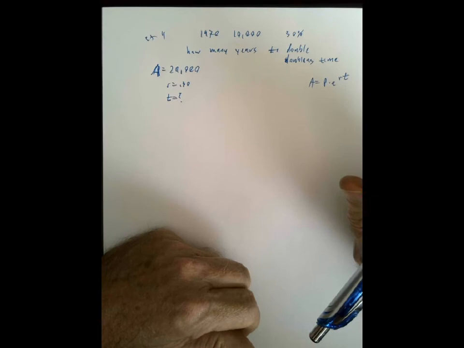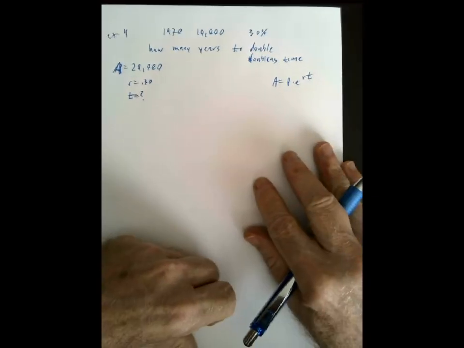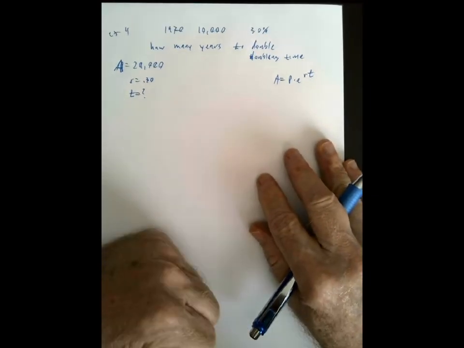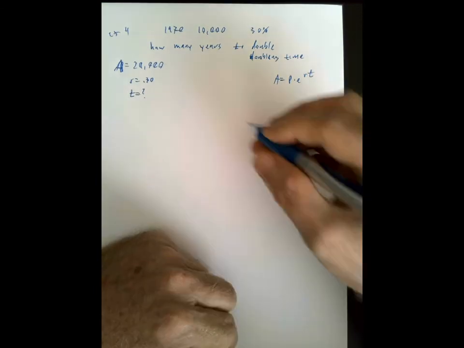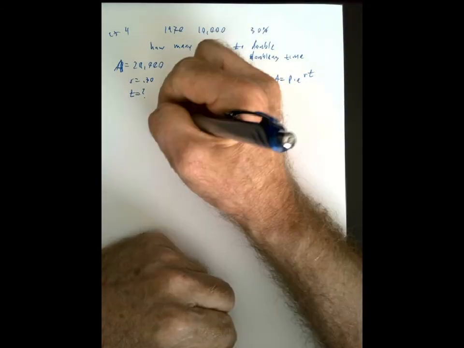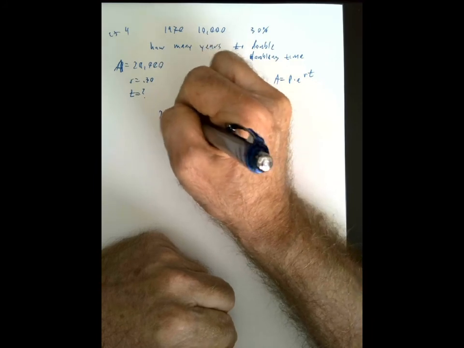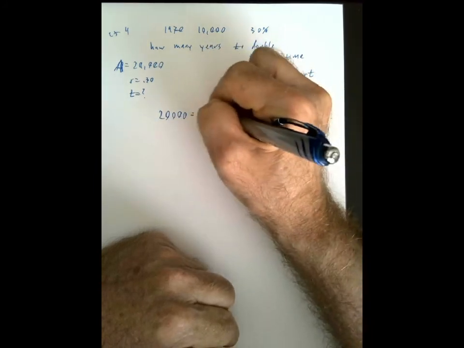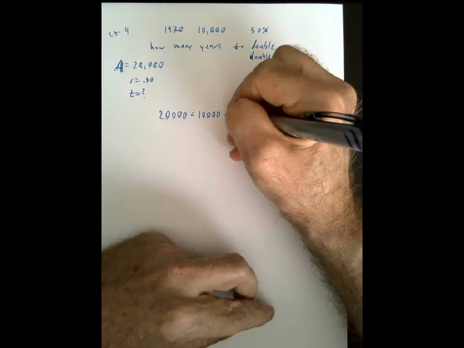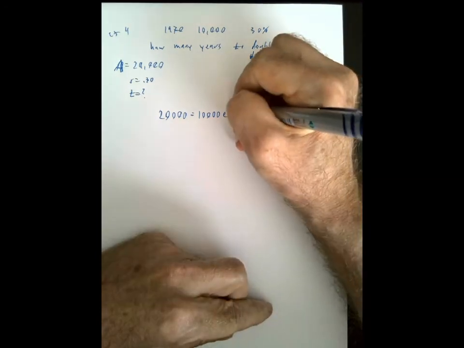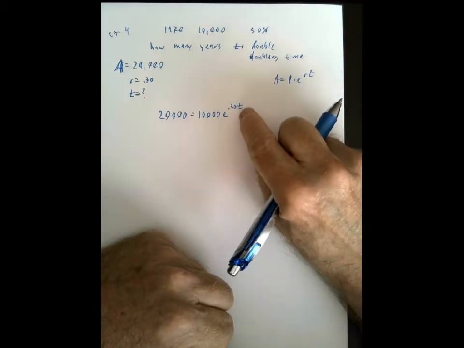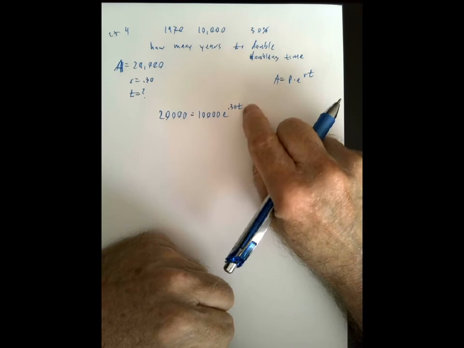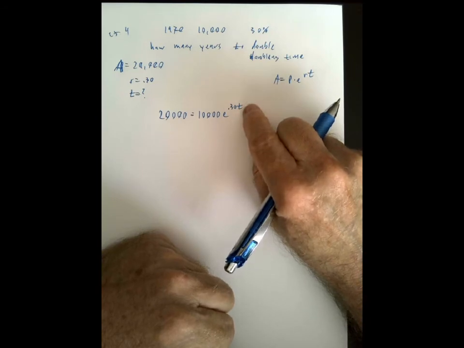And actually, there's going to be a shortcut here that'll make this easier to solve, because we have an ln, the natural log key on your calculator, that was solved before. So we're going to set the formula up first. 20,000 in for A, 10,000 in for P, e to the 0.30 times T. Now we're going to again use log operations to spring the T out of that exponential position.